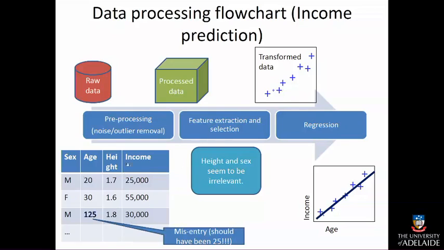Here I show a very simple example. In the first step, you might find some outliers, and you just discard them. You might also want to do feature selection. In this case, the height and gender seem to be irrelevant. And after you select the features, you fit the regression model.